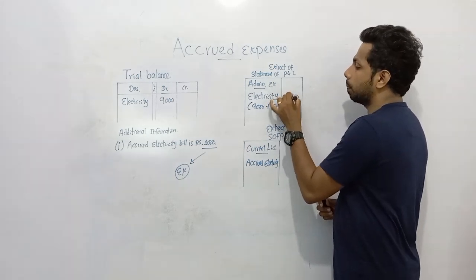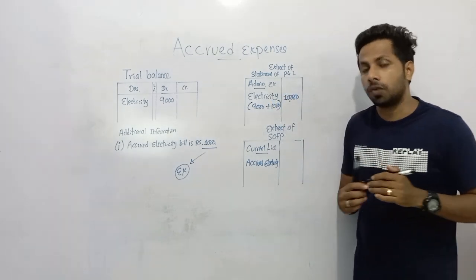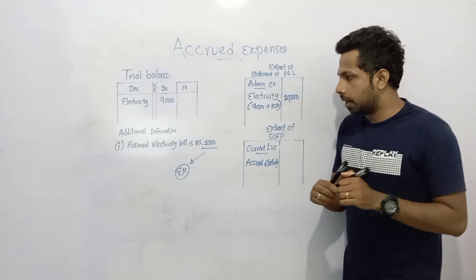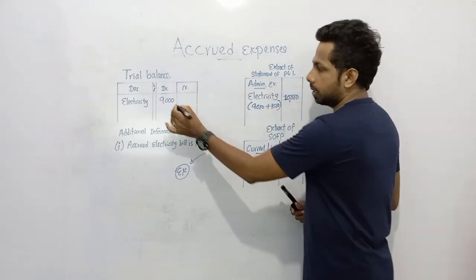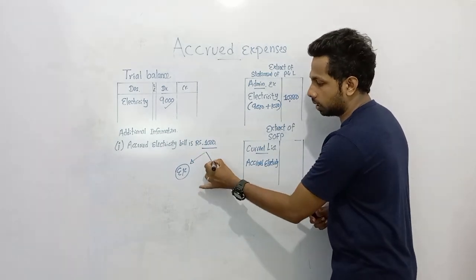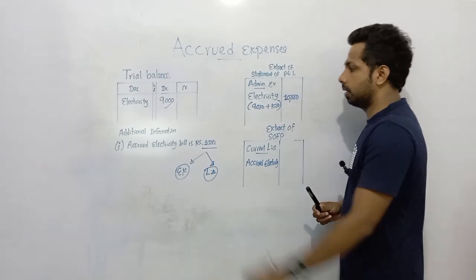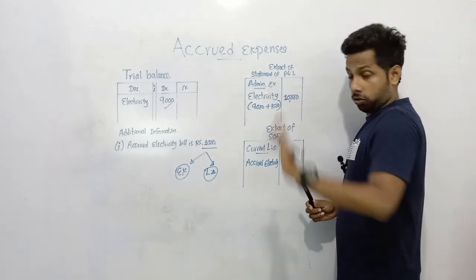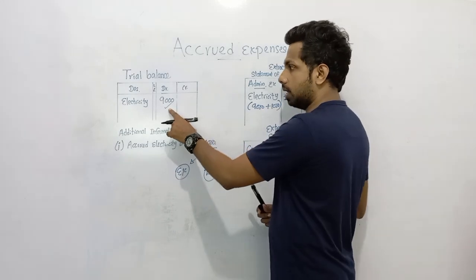In the P&L, you always need to record the total expense relevant for the period. And my dear children, the next thing is, out of this total, how much has been paid? Paid only 9,000. So this same 1,000 we need to consider as a payable amount, as a liability. Out of the total expense 10,000, 9,000 has been paid in cash.